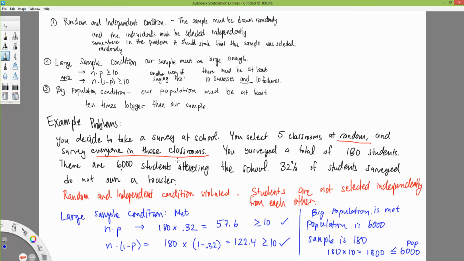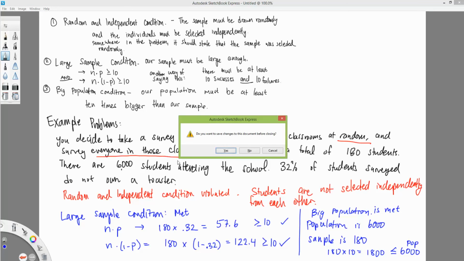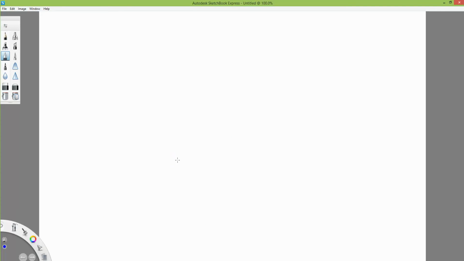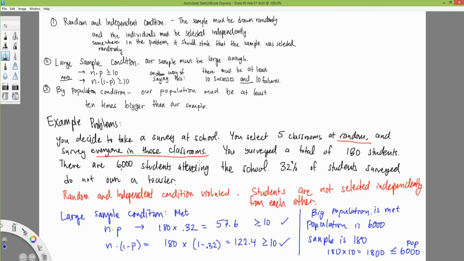Is that good? How could you modify this so it works? Okay. So if we wanted to make this work, I would scribble out this line. And I would say you select a total of 180 students at random from the school.